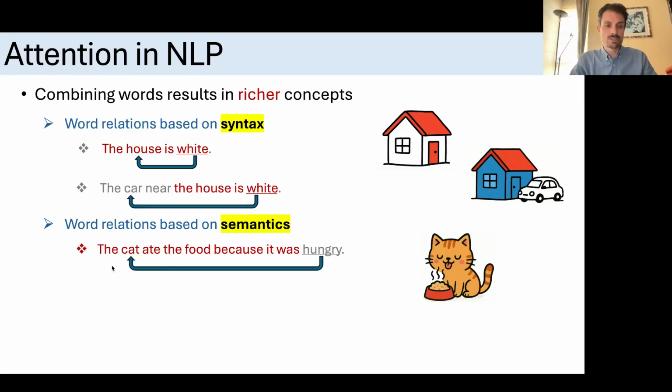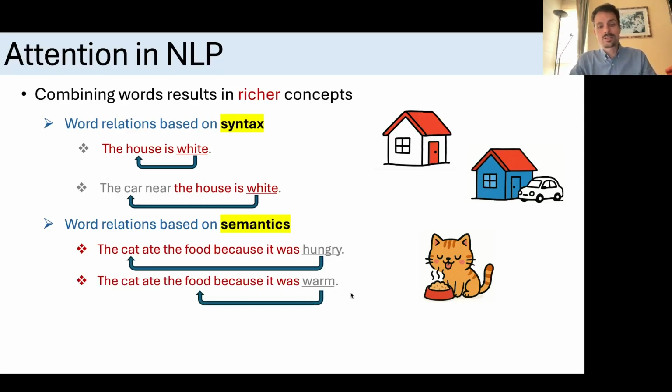The other class of interactions are those based on the meaning, right? So, for instance, if we say the cat ate the food because it was hungry, we know that hungry, this adjective, refers to the word cat, right? However, if we say the cat ate the food because it was warm, we will conclude that this adjective refers to food, despite the fact that both sentences have exactly the same syntax.